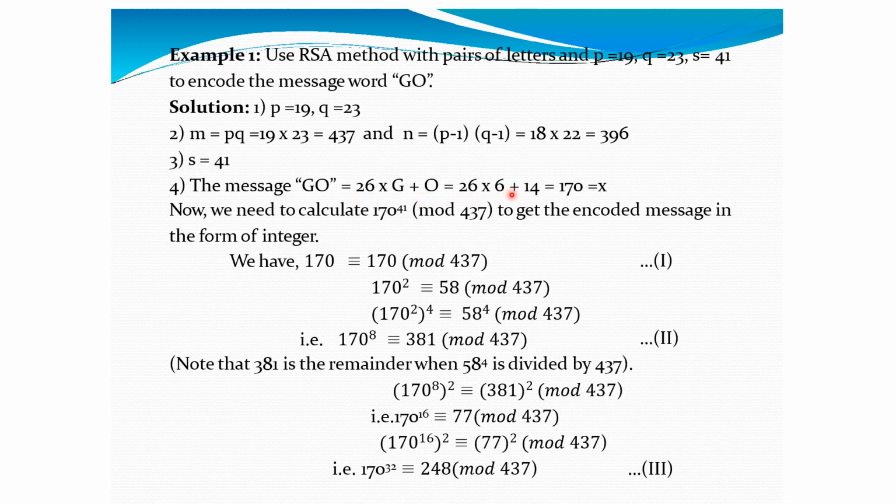It is equal to X. Now we need to calculate 170 raised to 41 modulo 437. That is nothing but x raised to s mod m. It means we calculate the remainder when 170 raised to 41 is divided by 437 to get the encoded message in the form of an integer.